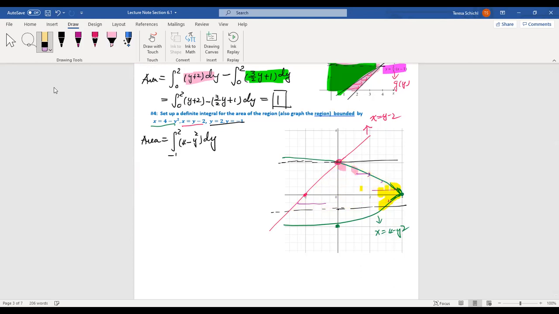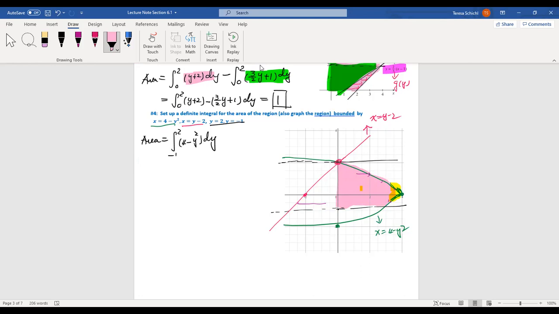Now let's see if the one we set up will match that yellow. 4 minus y squared will be from here to here, this area, from -1 to 2.